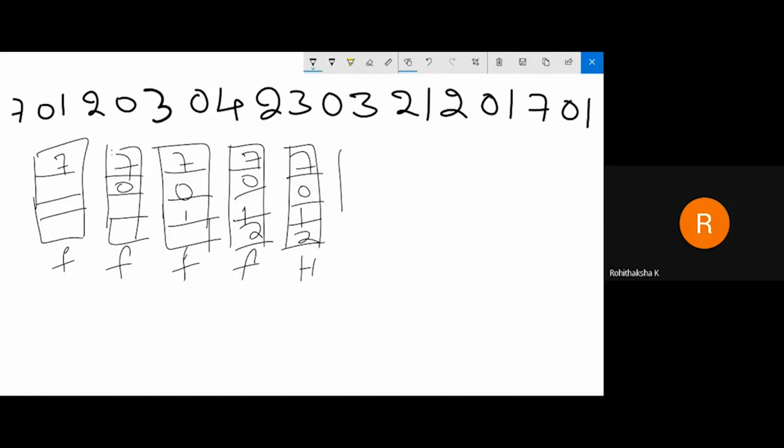So now our memory, that is the page table, looks like this. The 7 is replaced with 3, so I'll write 3, 0, 1, 2. Even though it is not there, I'll just say it is a page fault, because it was not there.